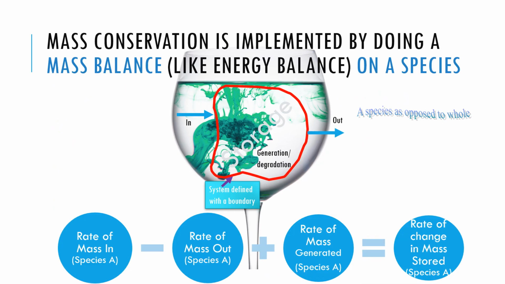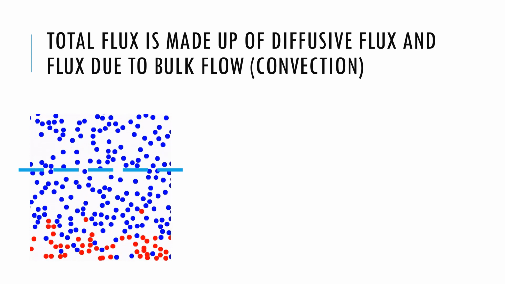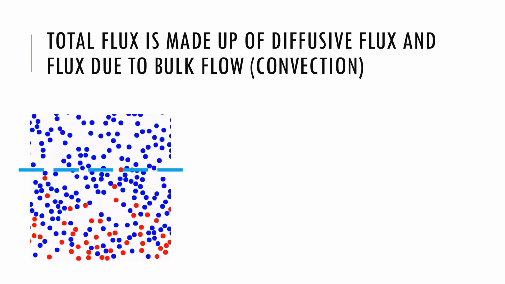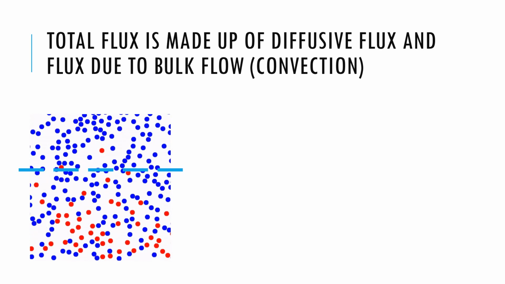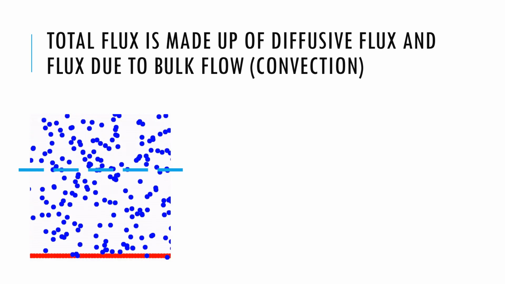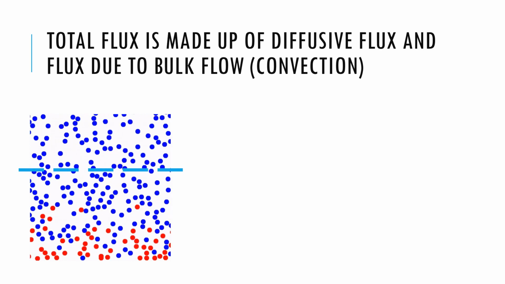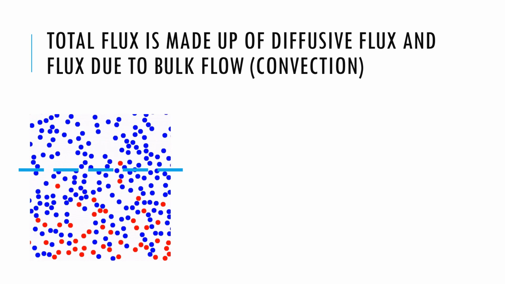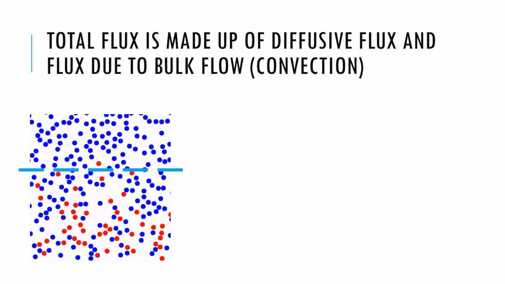Now I want to see how we can write these in and out terms in terms of mass fluxes. To write the fluxes, let's look at this simple system of two different gases together, the red and the blue. They're both moving randomly, so red is diffusing into the blue, as you can see.